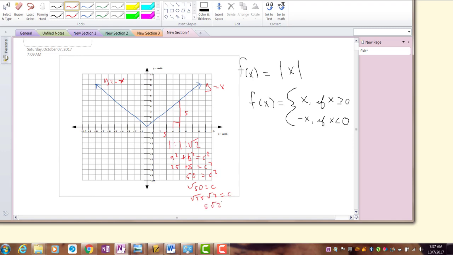So we can see that the ratio of the sides is indeed 5, 5, 5 root 2, or 1 to 1 to root 2. What do you guys know about isosceles right triangles? You know that they are 45, 45, 90.